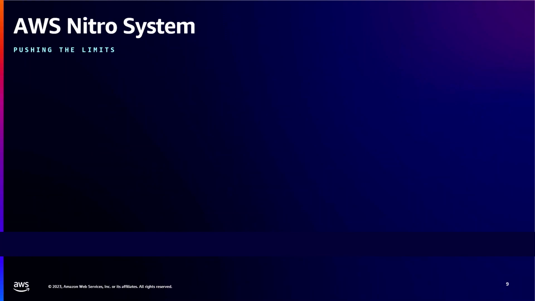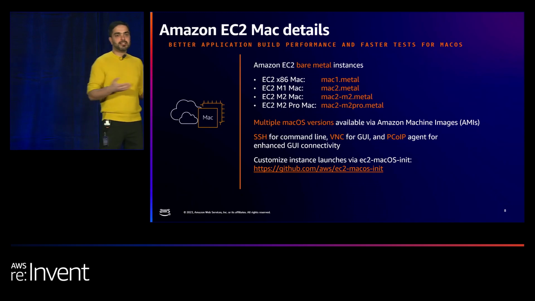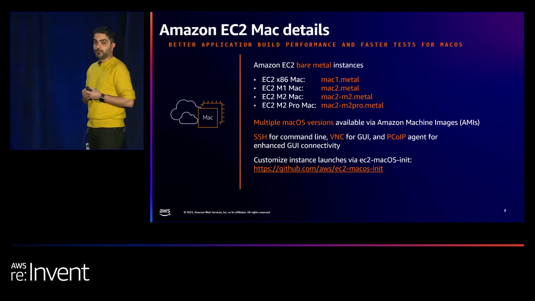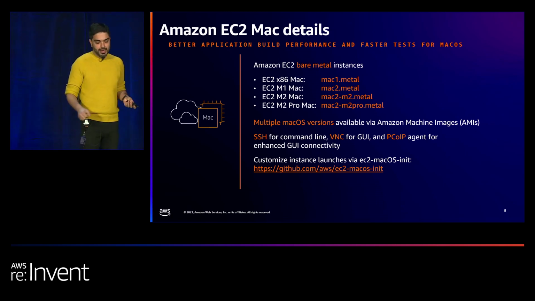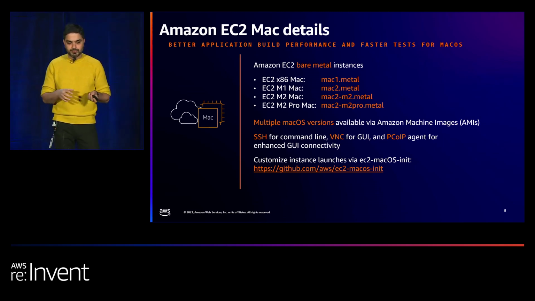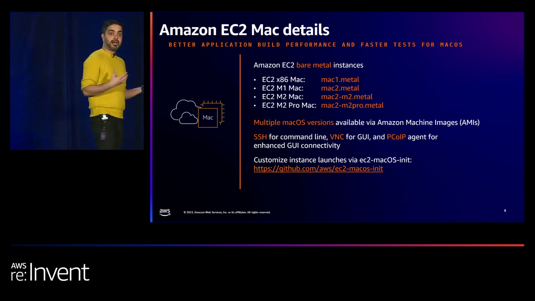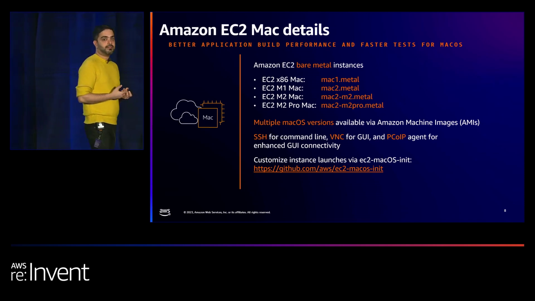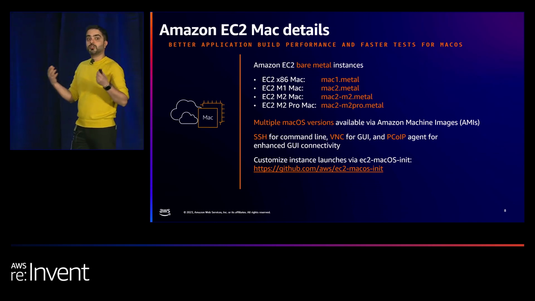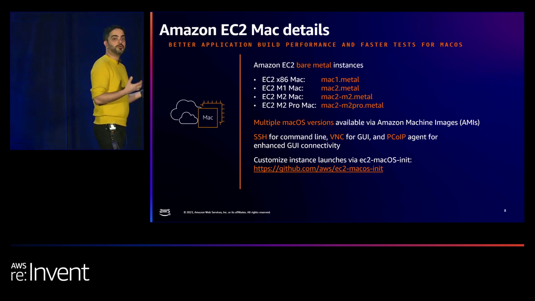Going through this list, these are the different API names that you will see on your console if you want to spin up a specific Apple Silicon-based Mac instance. I should call out that these EC2 Mac instances, even though they support the same API, are bare metal Mac instances. So if you want to virtualize the Mac, you can do it just like you would on a physical Mac.